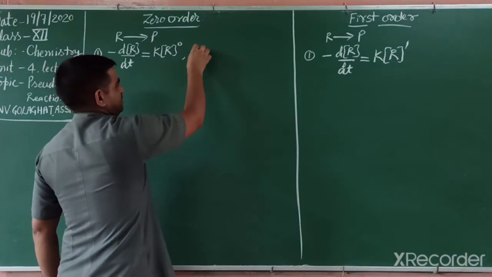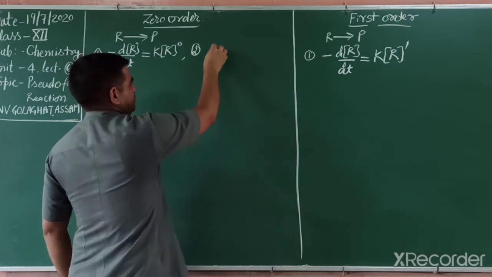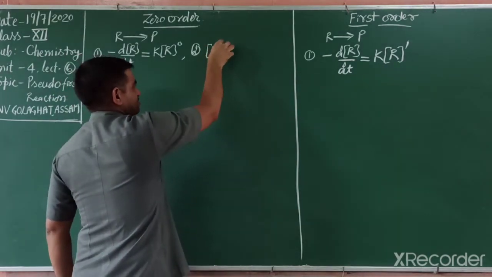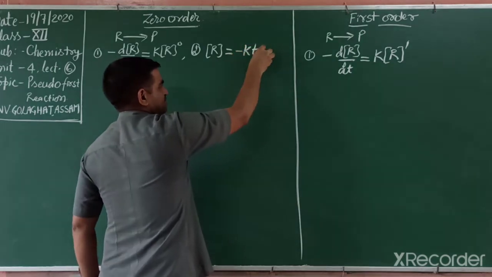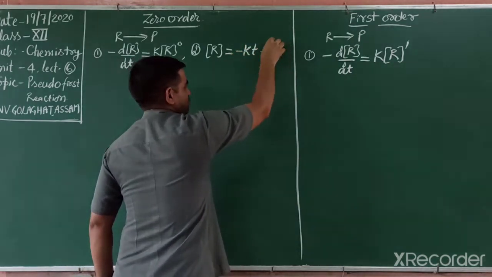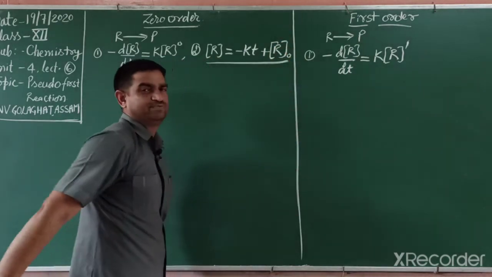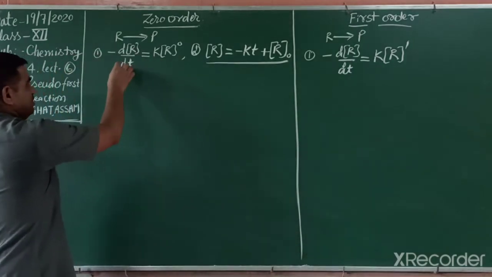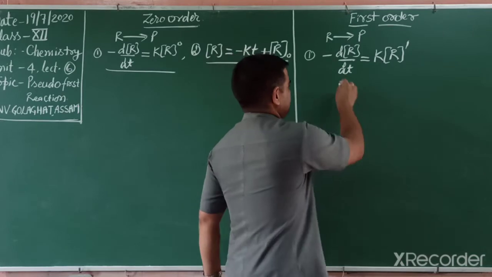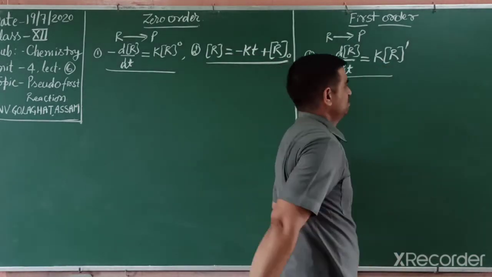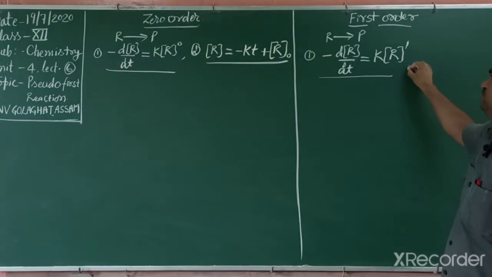Taking integration on both sides, we get concentration of R is equal to minus Kt plus R naught. Already studied, this is the integrated rate equation for zero order. This one is the differential rate equation, and for first order, this is the differential rate equation, and we write the integrated rate equation in this way.